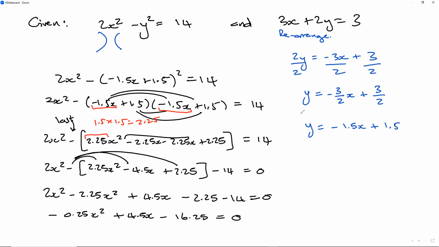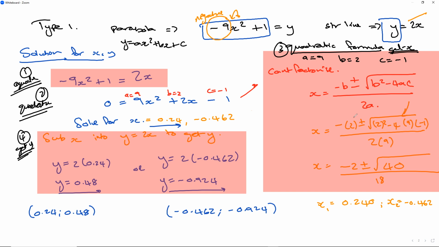And because we only have 1.5s in there, we end up with 2.25s all the way across. At this point now, you have it in the form where you can extract your a value, your b value, and your c value, and you can use your quadratic formula.